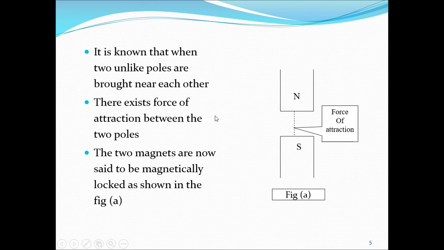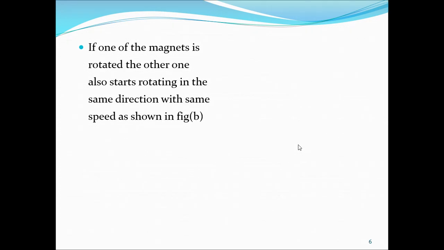There is a force of attraction between the two poles. The stator magnetic field poles and rotor poles get magnetically locked to each other and start rotating at synchronous speed, as shown in the figure.